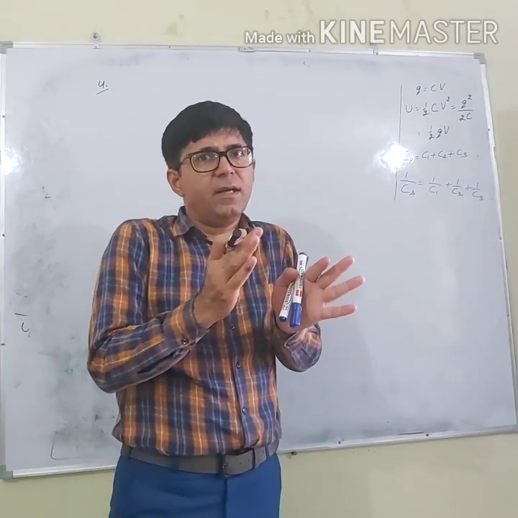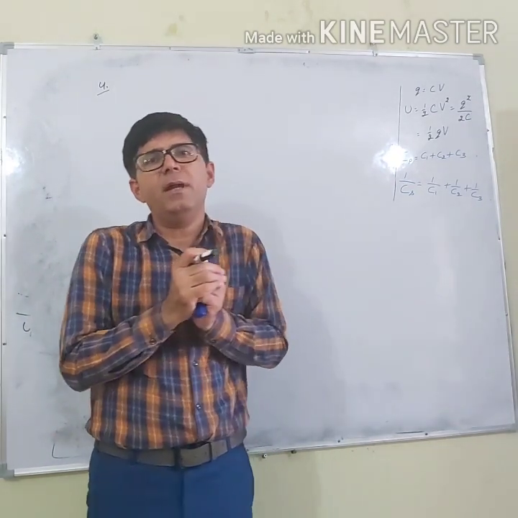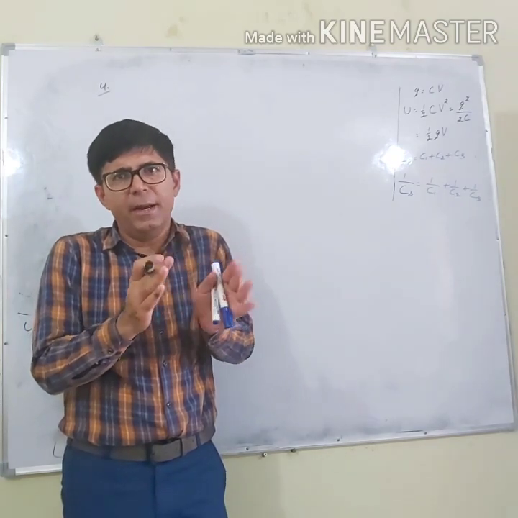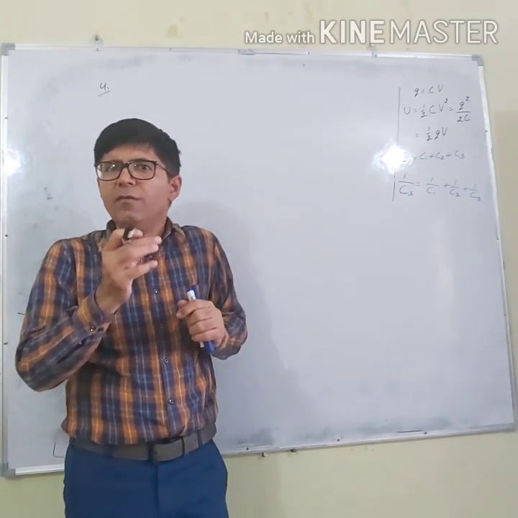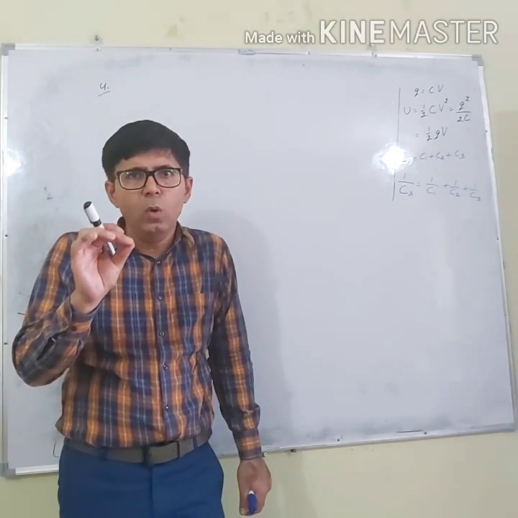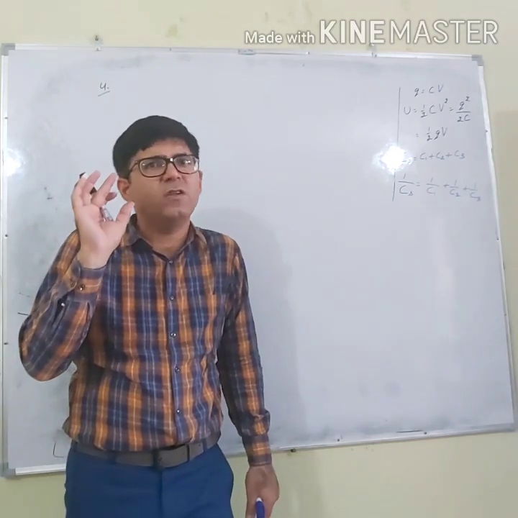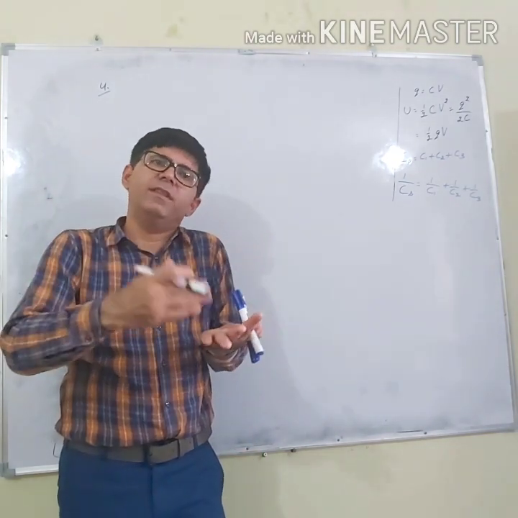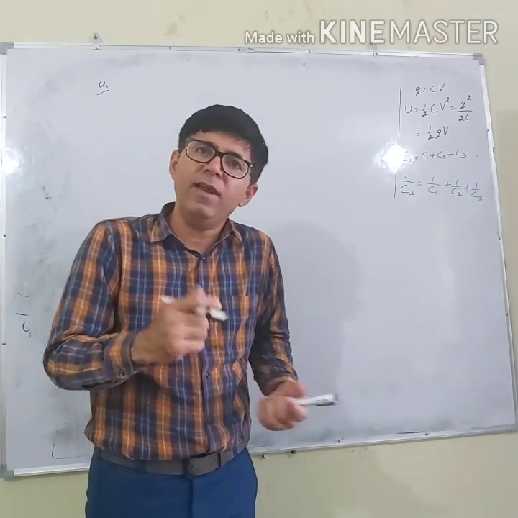Because there is a capacitor fitted in the camera, and that capacitor gets charged by the battery, and whatever energy is stored is allowed to release within a very small span of time. So a lot of power is generated.